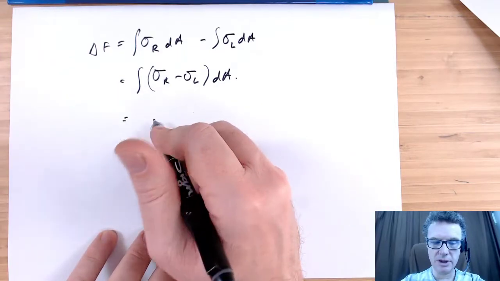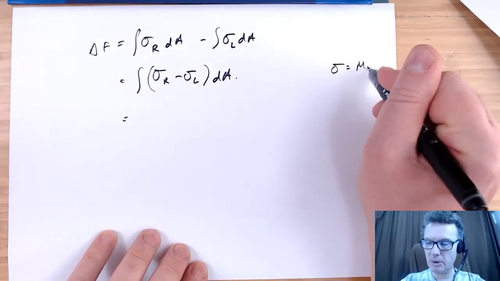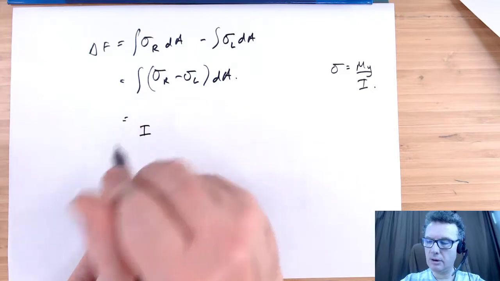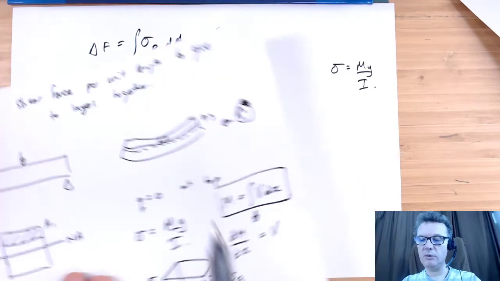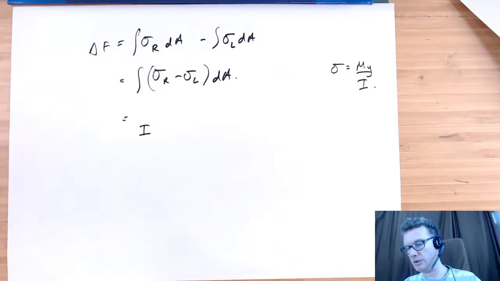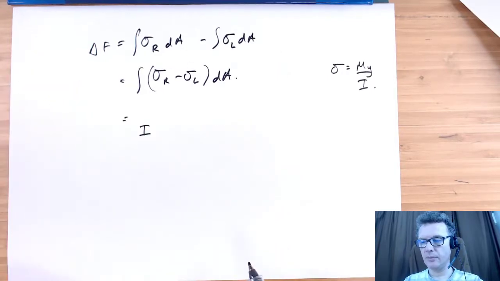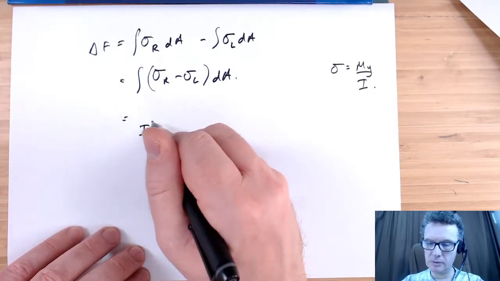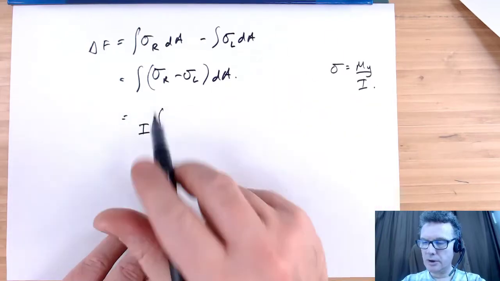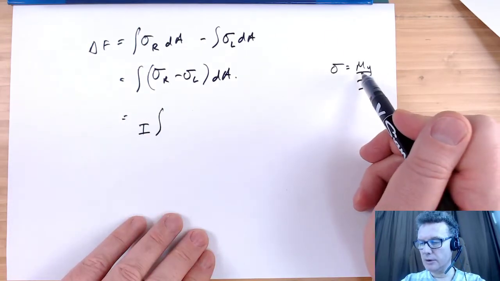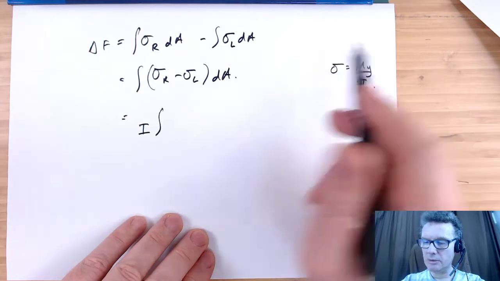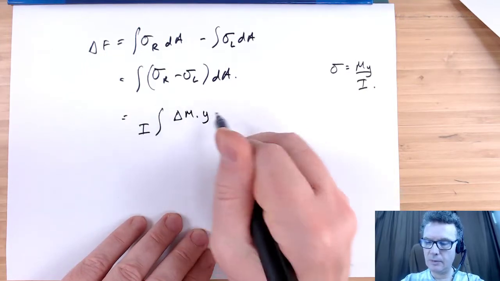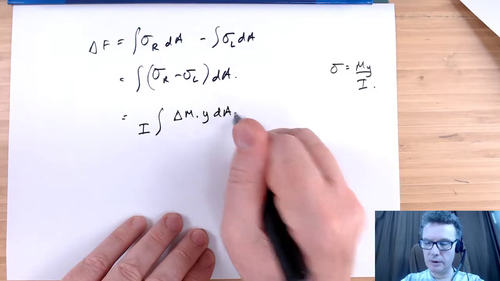So when I substitute in my sigma, my I, I'm going to take the I to be the same, assuming that when I'm moving from here to here, my I for the beam isn't changing. The y is the variable that I need to integrate around. So when I take the left, take away the right, I'm going to end up with change in M times y and integrate that.